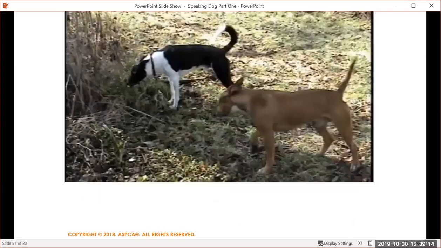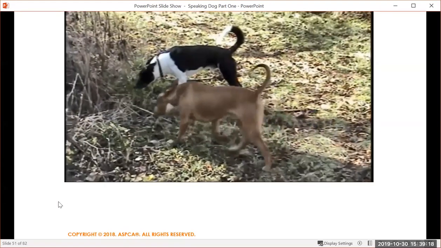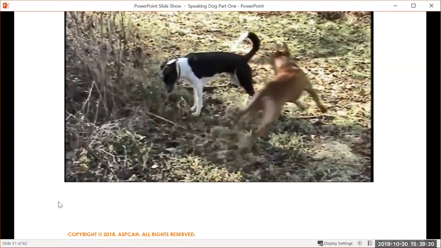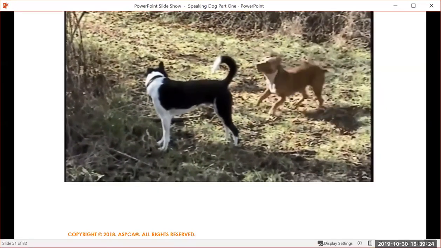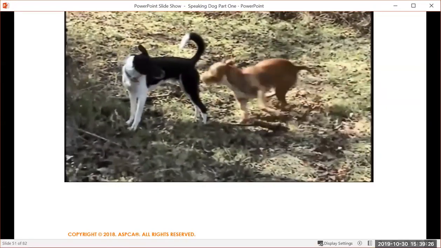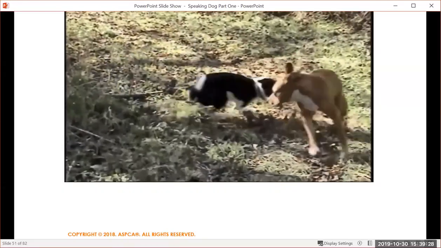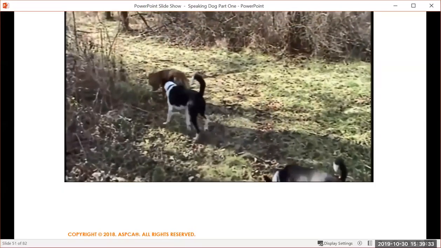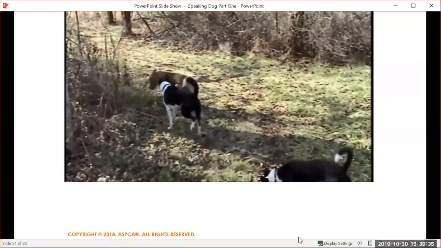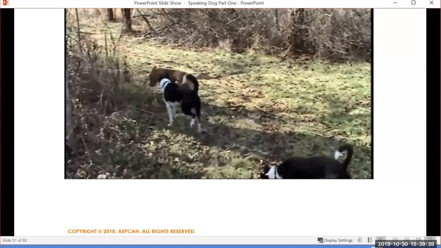Next slide, please. So this is a brief video, and I want you to contrast the tails of these two dogs. So these are two dogs that don't really know each other, and one dog is clearly showing more confident, assertive body language.